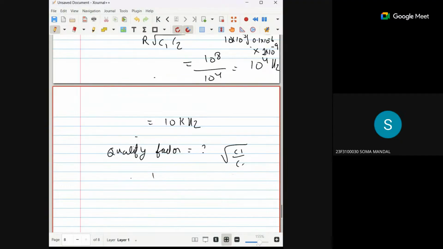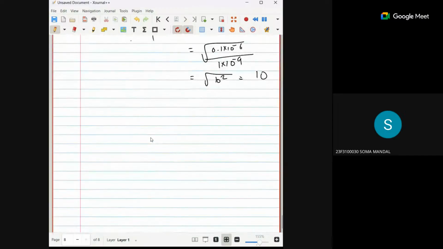Yes, root over C1 by C2. Then C1 is 0.1 microfarad, 1 into 10 to the power minus 9. So it is 10 to the power 2 when we solve finally, so it will come 10.